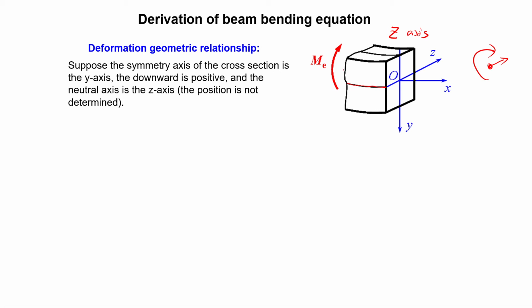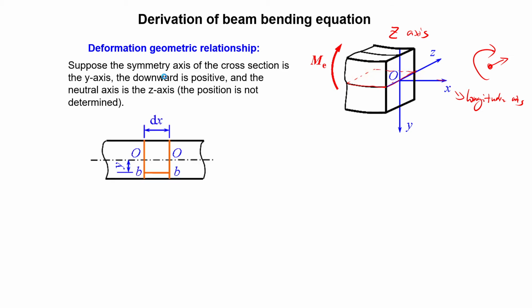You don't know where this belongs to. For the neutral axis, x we can call the longitudinal axis, and the z-axis will determine the neutral plane position. That is the neutral axis. So let's now look at an even simpler picture, where we just look at this side.